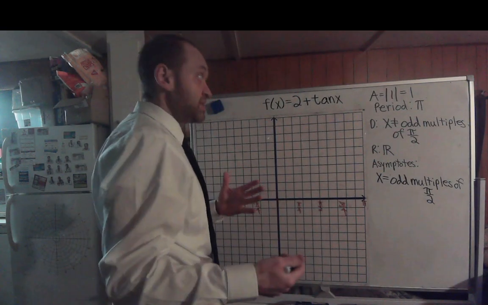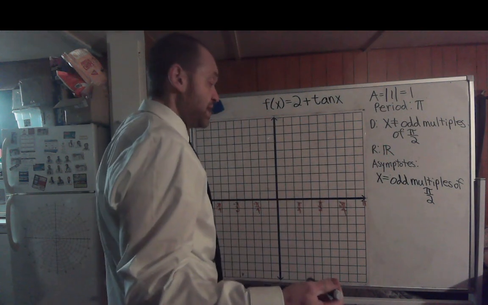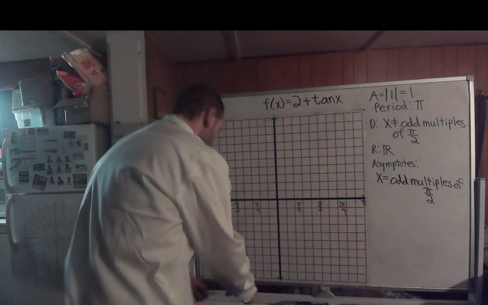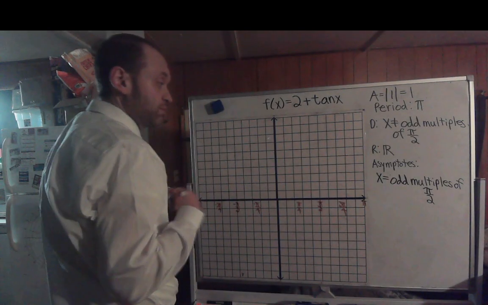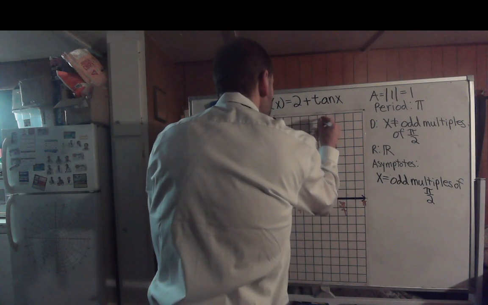Your domain still remains the same, x not equal to those odd multiples of pi over 2, which will give you the vertical asymptotes at x equals the odd multiples of pi over 2. In fact, let me go ahead and get those asymptotes drawn real quick.